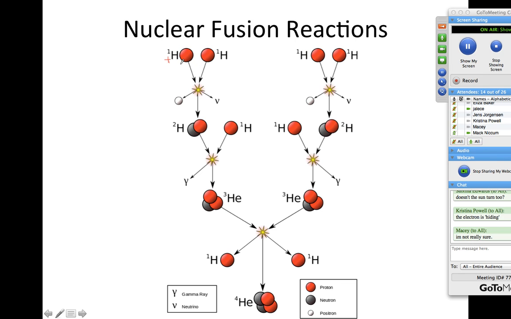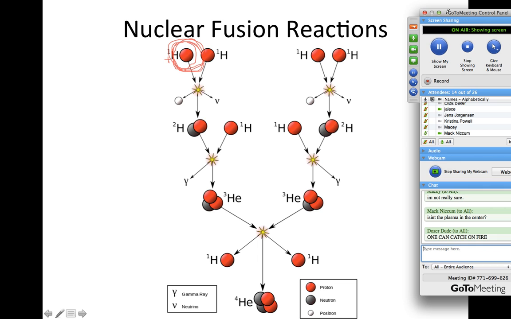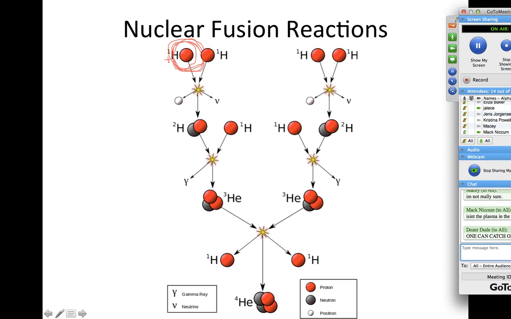All right, so let me explain. If we were to draw an atom of hydrogen gas, you would have the proton, and the electron would be orbiting around the proton. So the gas has the electron orbiting. The plasma is a state of matter, so it's actually how matter is.